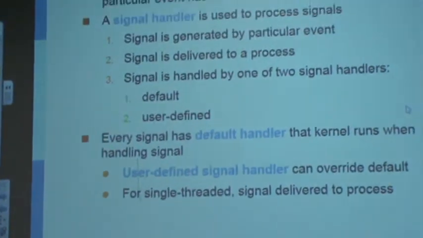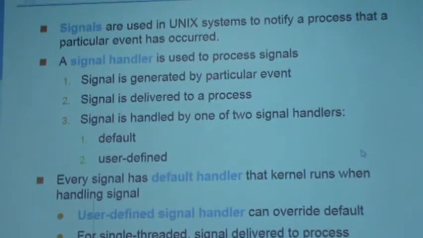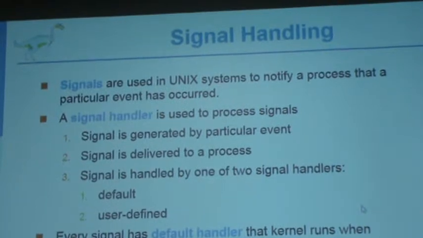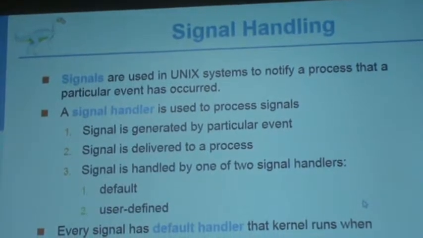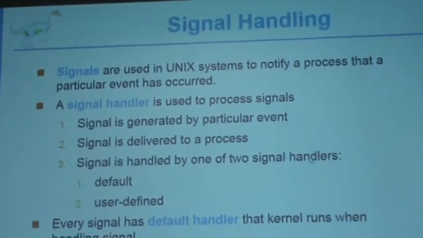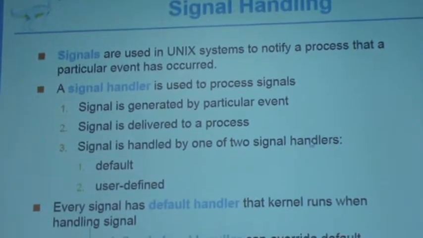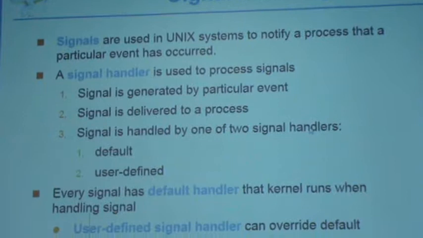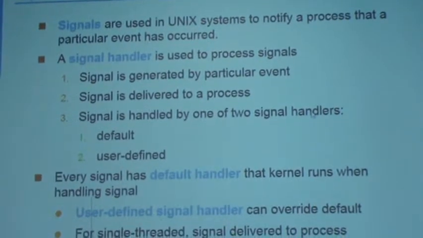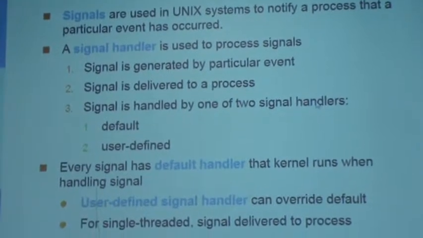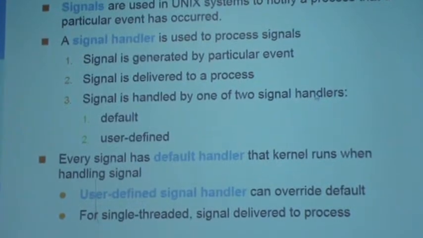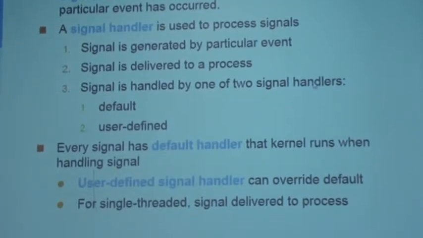So just like the general signal handling in the operating system, when you are using the thread, it's the same thing. In case of the event, so you can inform to that the operating system.